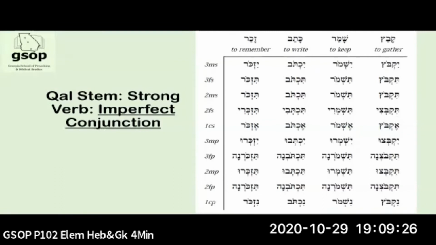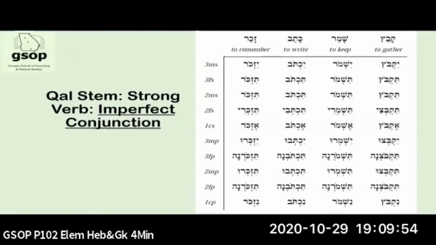Notice that we see the same pattern for zakar. We have yizkor. So you see you have the yod with the hireq underneath, the first prefix, but you still have, and this is really important, that second root position. It's important to recognize the vowels because that's where most often the determiners or indicators are.